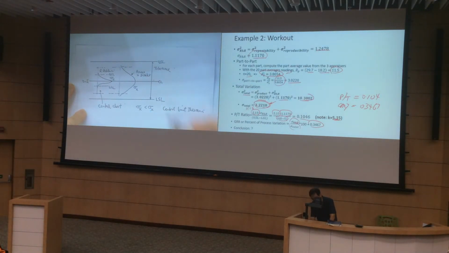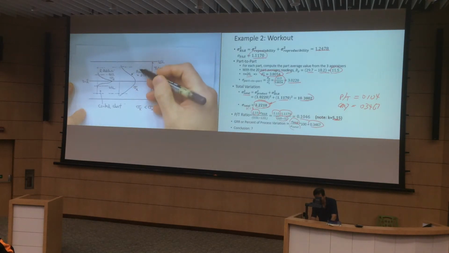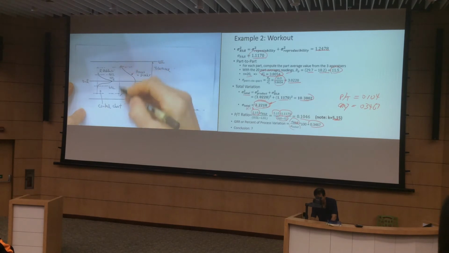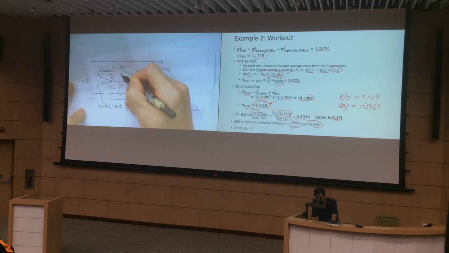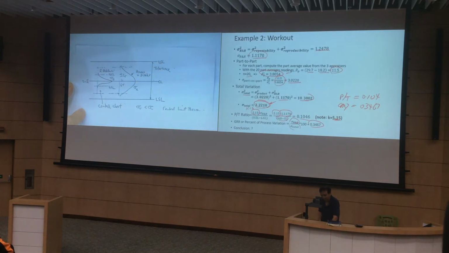If you are somebody, the spec has to be very much wider than the process, or else you'll get fired already. You're not doing your job, because you know the Cpk. So your tolerance has to be very much bigger than the plus or minus 6 sigma of this guy here. This is 6 sigma here, let's say plus or minus 3 sigma there, so equal to the spread here.